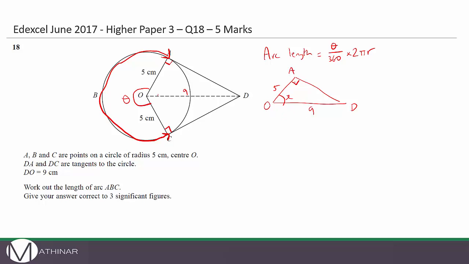So this is the right angle, so this is going to be the hypotenuse. Angle is here. So this one is the opposite, and this one is the adjacent. So we need a formula using the adjacent and the hypotenuse. That would be cos. So cos x equals adjacent over hypotenuse. So cos x is equal to 5 divided by 9. So x is equal to the inverse cos of 5 over 9.